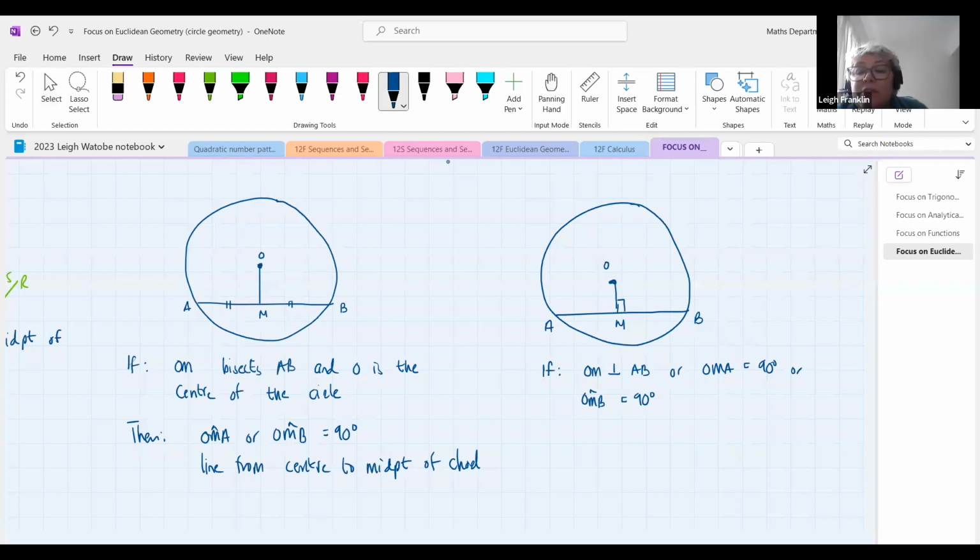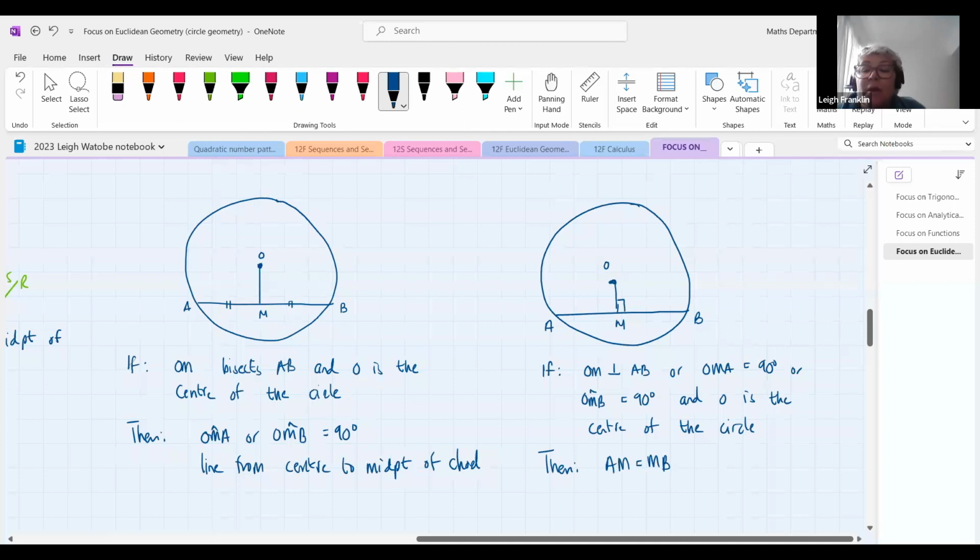And O is the center of the circle. Then it is true that AM equals MB, line from center perpendicular to chord.